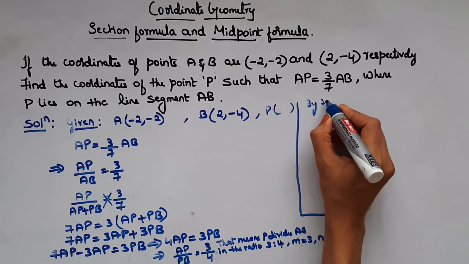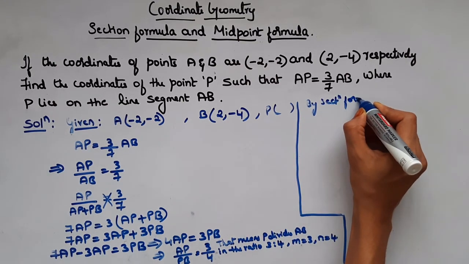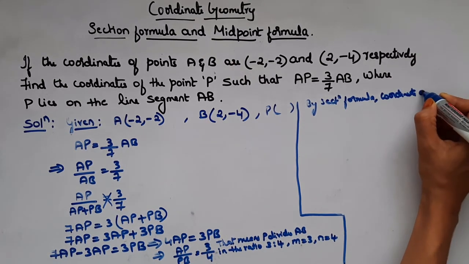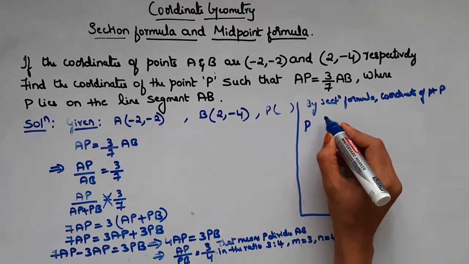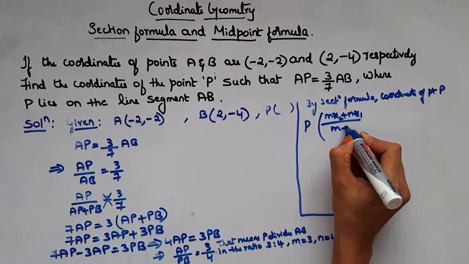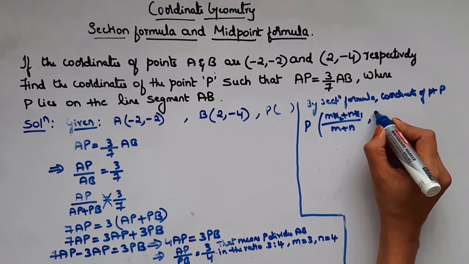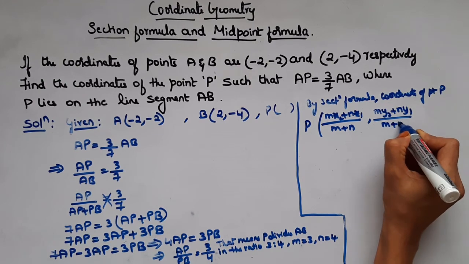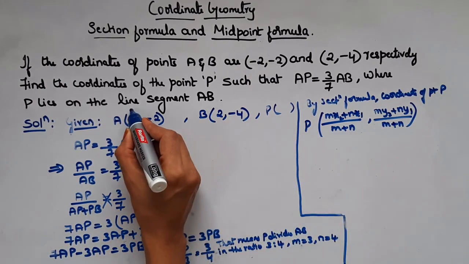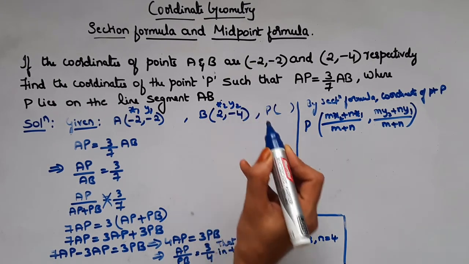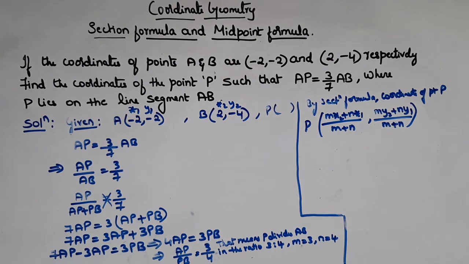By section formula, the coordinates of point P are given by x equals (mx2 + nx1)/(m + n), and the coordinate y is given by (my2 + ny1)/(m + n). Here x1, y1 is point A and point B is x2, y2. Now let's substitute the values.